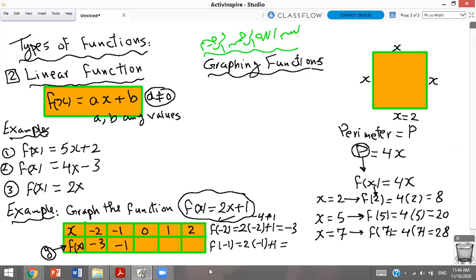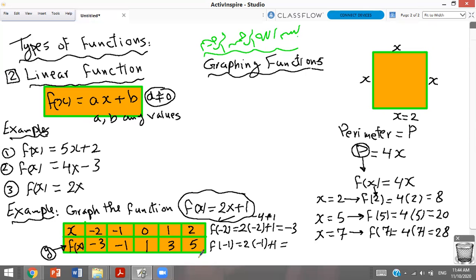What about 0? 0. 1. Very good. What about 1? 3. What about 2? 5. Very good. Now, how many points you have?